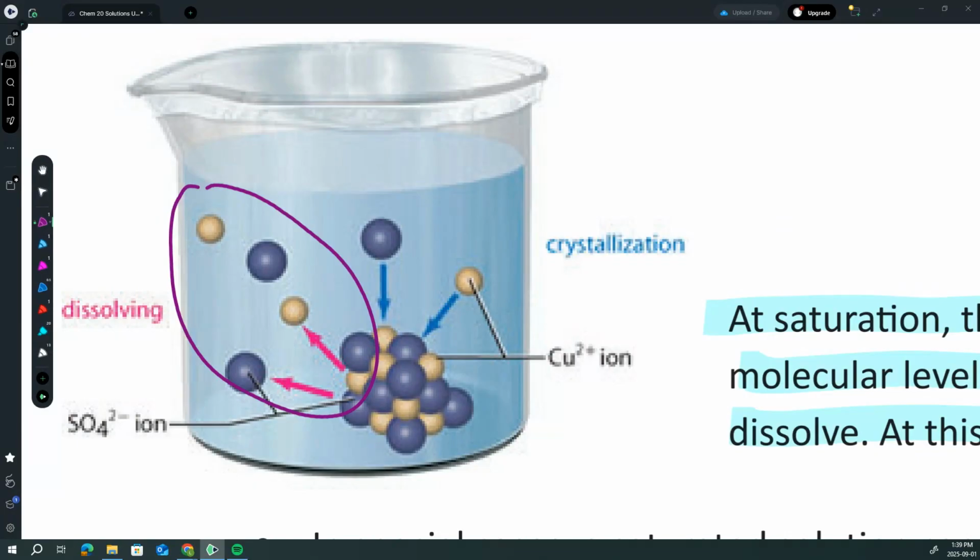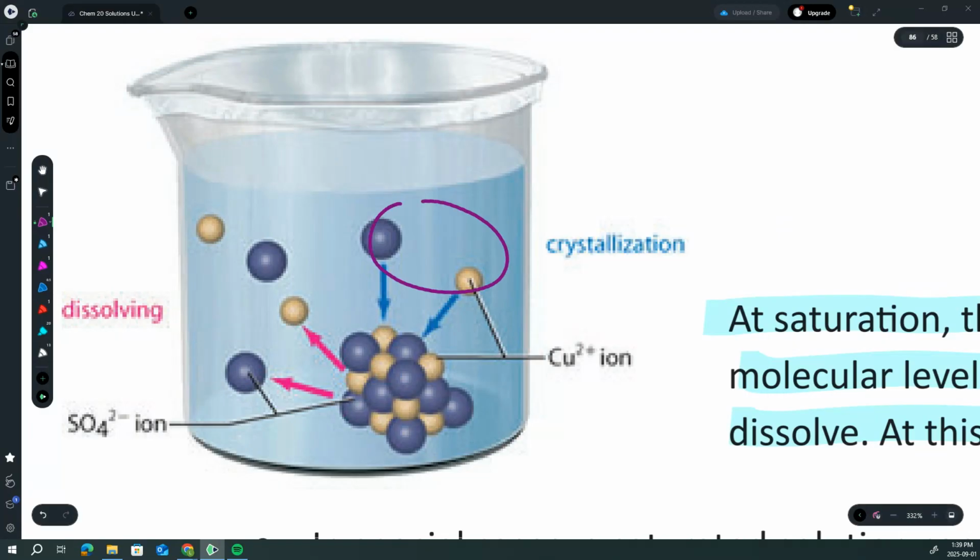So remember, that's specifically called dissociation, which can be a part of the dissolving process. But when we have these ions coming together to form our solid, that is called crystallization. When it's going from the aqueous state to the solid state, that is called crystallization.